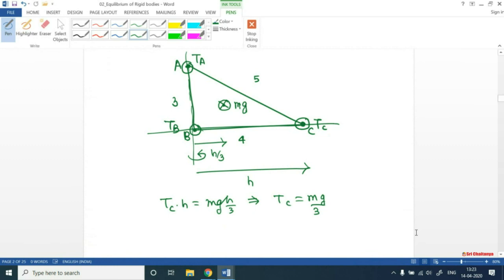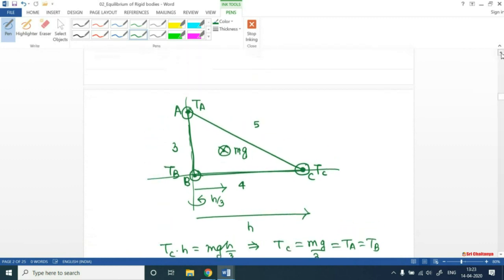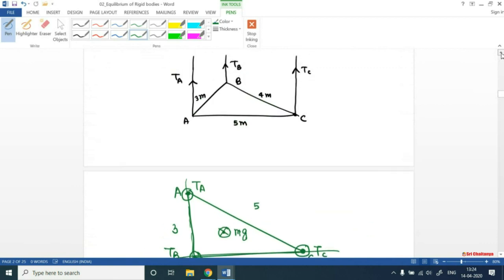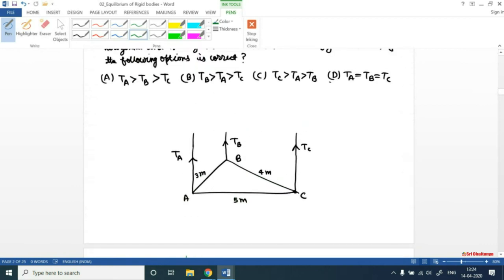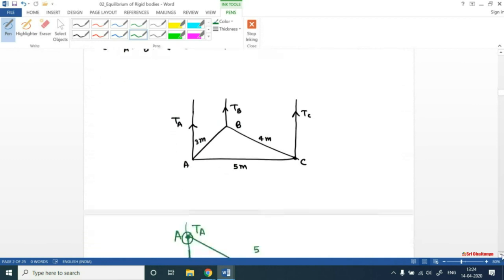In all these cases, TA, TB and TC turn out to be equal to mg by 3. So TA equals TB equals TC, and that would be the right option here.